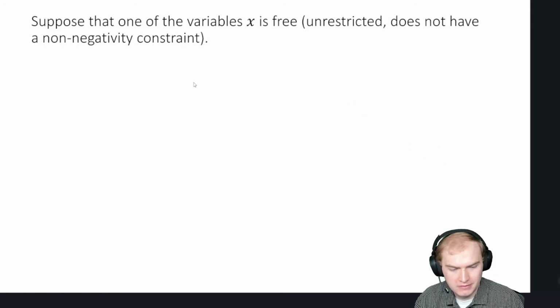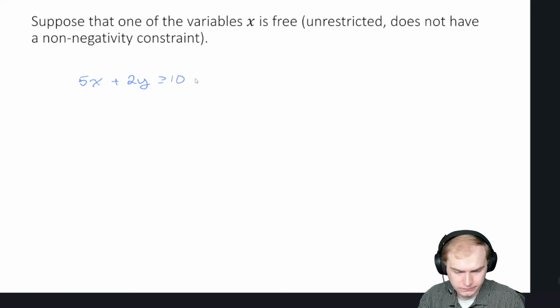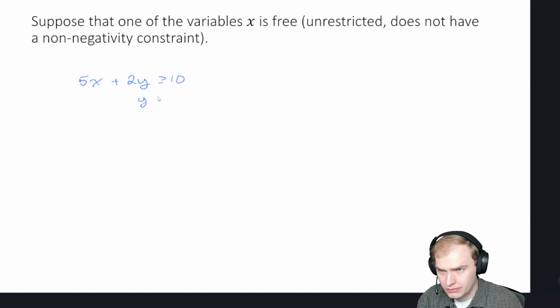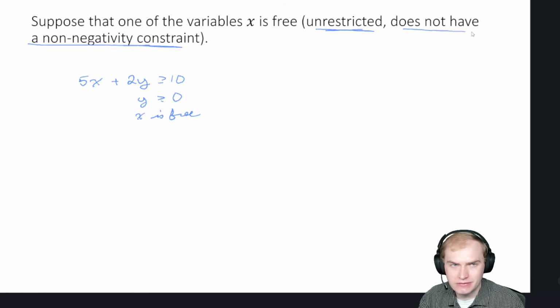Suppose we have a free x variable, and I'm going to use one of the constraints we had earlier. And I'm going to say that x is free. In other words, it's unrestricted, or it doesn't have a non-negativity constraint.